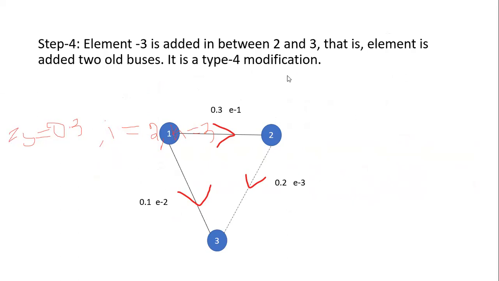The element 3 value is 0.2. And I is equal to 2, K is equal to 3. Why? Because it means element 3 is added between the second node and the third node.